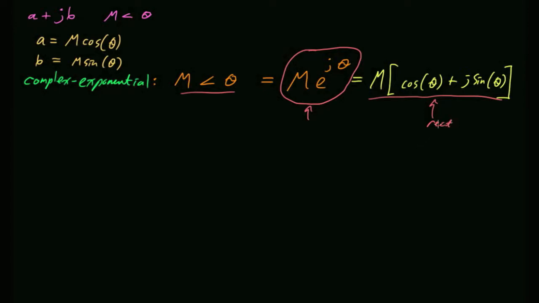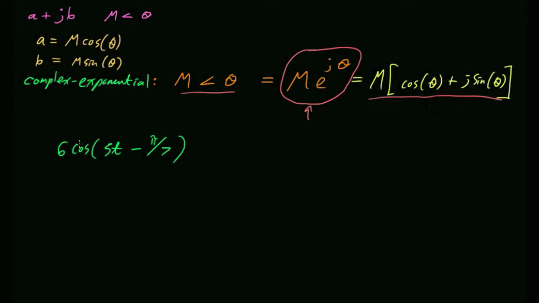So suppose I've got not just cosine of theta, but let's actually have a real cosine. So let's say we had, I don't know, 6 cosine of 5t minus pi over 7.